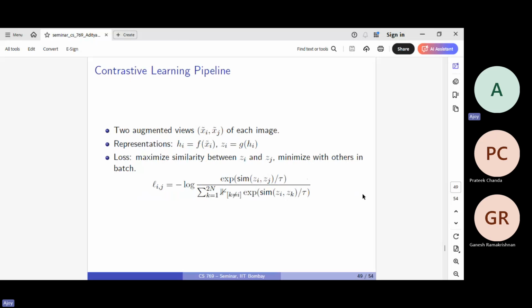Without any label, they can extract features which help them cluster two images which are the same but have been augmented to come close in the embedding space, and push apart the different images.